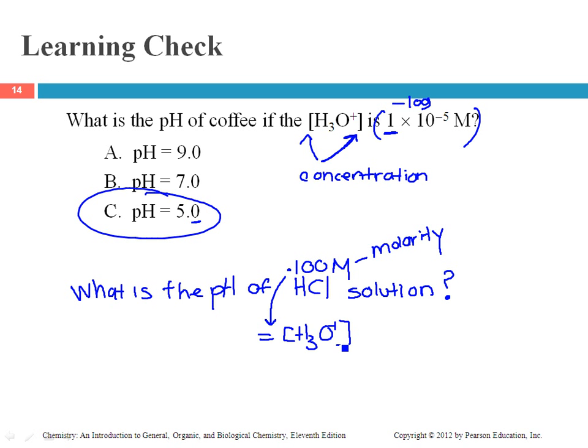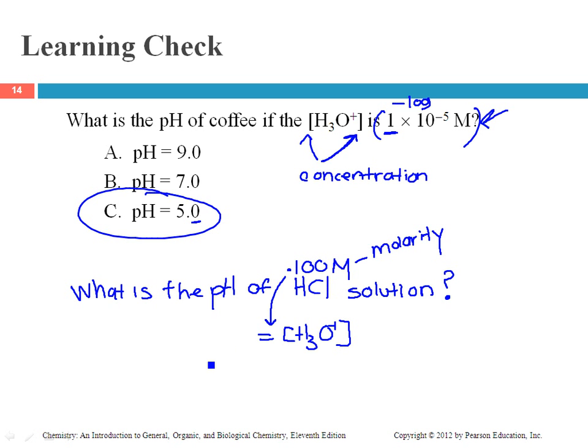And that is because strong acids completely ionize. Don't let this confuse you. If you're not given a number saying hydronium concentration is 1 times 10 to the negative 5th, you can also just be given that you have a 0.100 molar HCl solution. Because it's a strong acid, then you can just use that number.